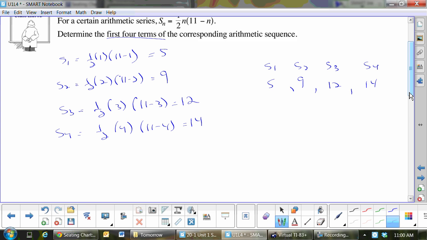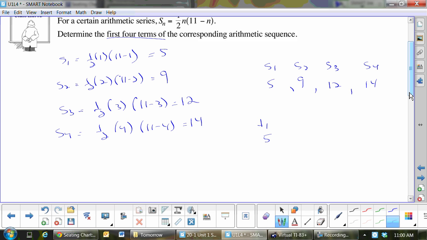But let's talk about this S1 thing. I've got this long sequence, but if I took just the first term and found the sum of it, what would it be? It would be the first term, would it not? So S1, I can say T1 would be 5.